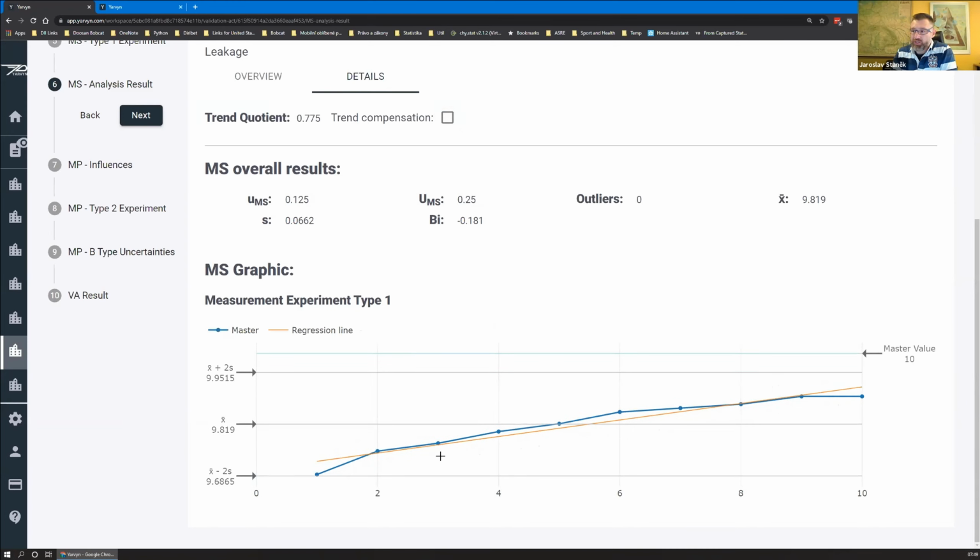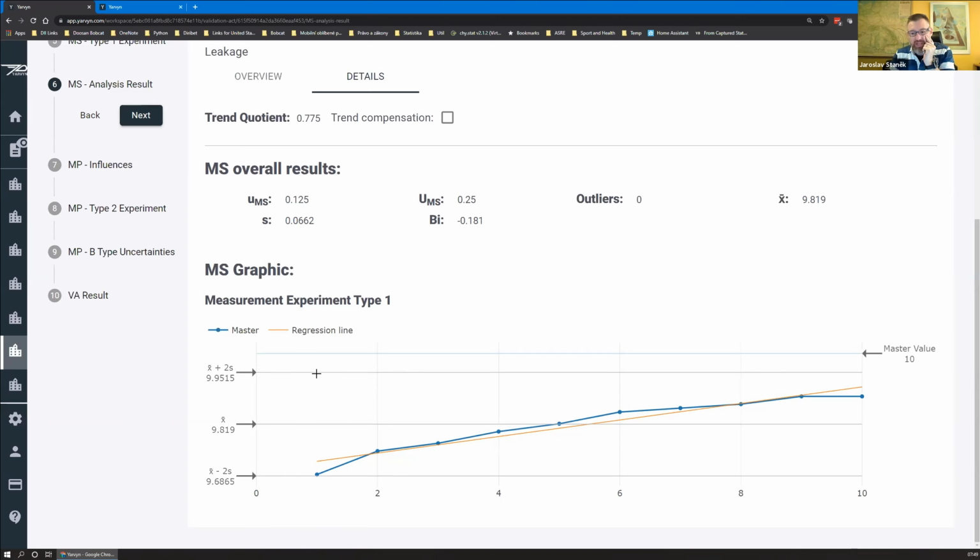So if I don't compensate for the trend, the variation, which is the uncertainty of the variation on reference, increases, but the bias decreases.